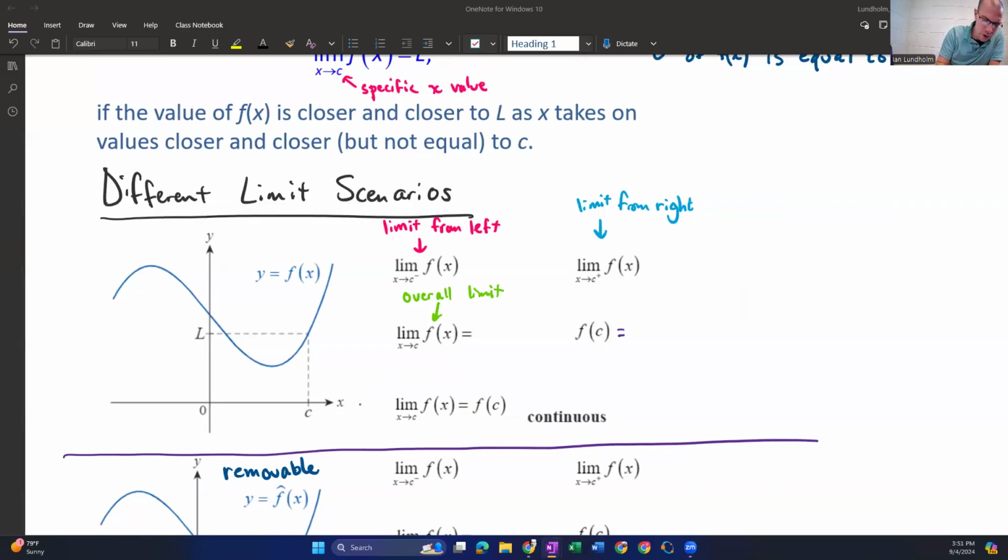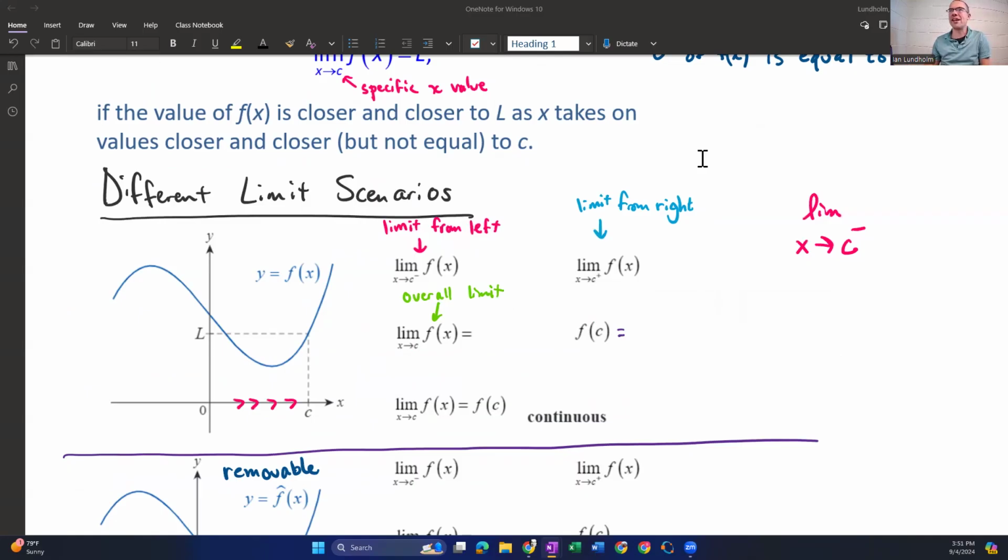We can do something called a limit from the left, and we can approach C from the left-hand side. And that's what this notation is actually noting. If you can't read that, that limit from the left looks like limit as x approaches C from the left.